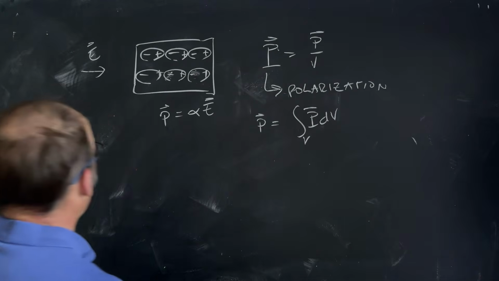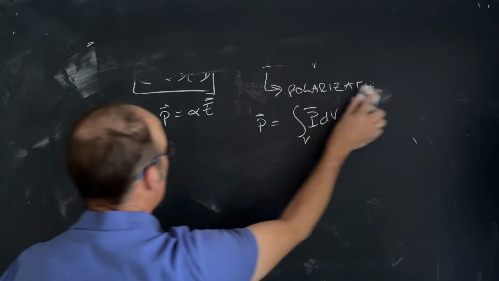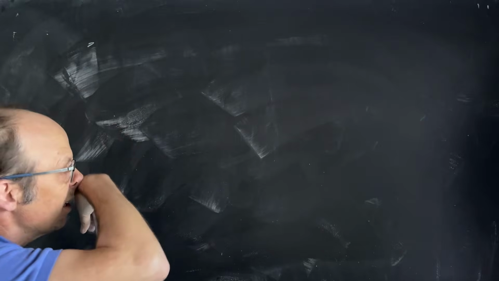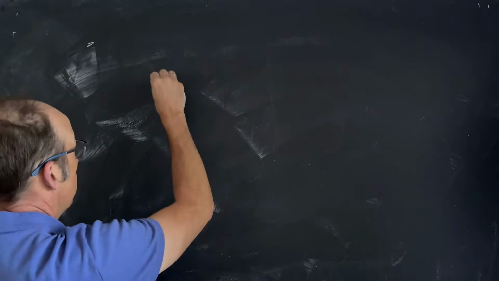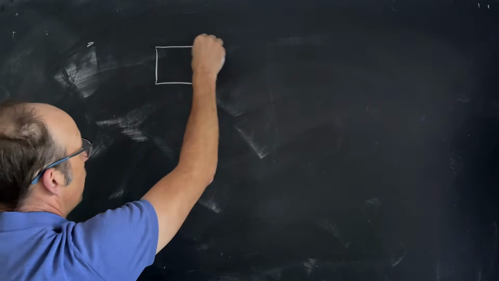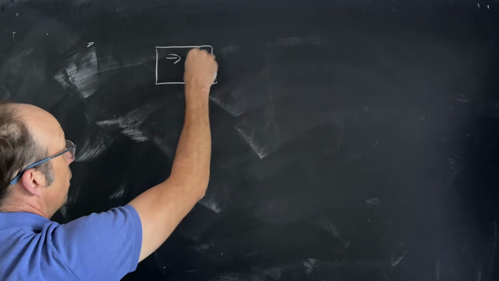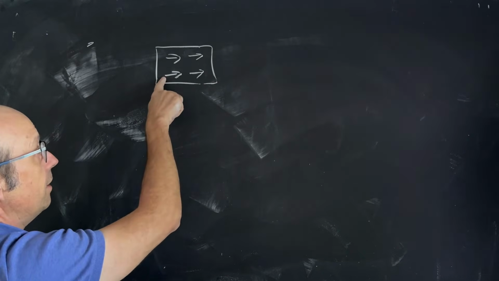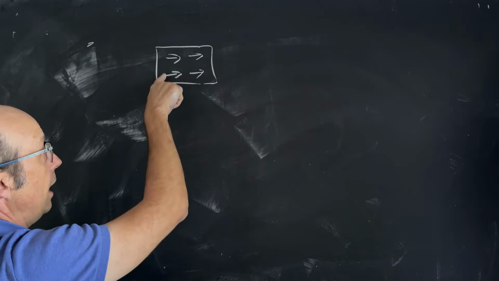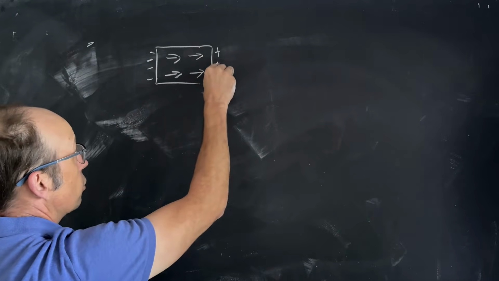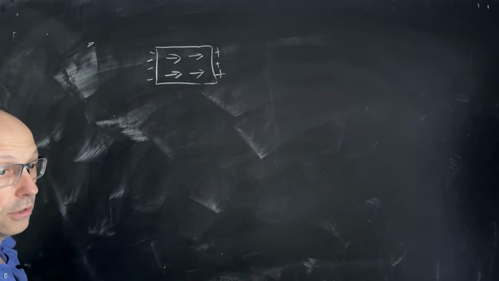Okay, I'm not going to derive this, but we do have two very important properties when we talk about the polarization of some object. So imagine that I have, I just erased it. Okay, I'm going to draw them as arrows. So these are my dipole moments in this object. Well, this is the negative side and the plus side. So what's going to happen is I'm going to have an effective excess charge, unpaired charges on that side, unpaired charges on this side.